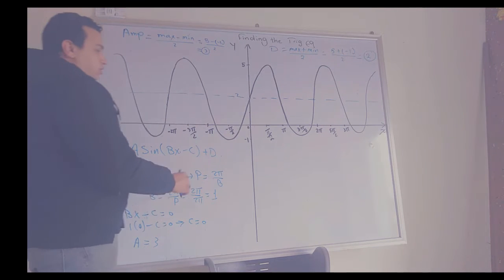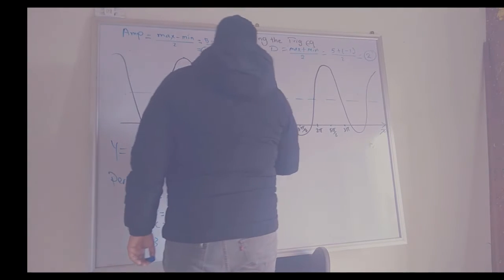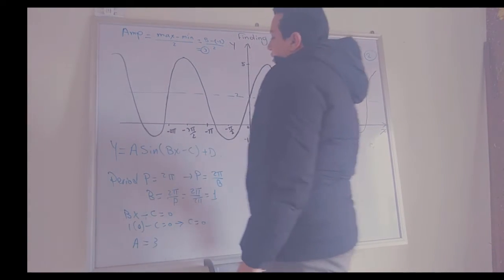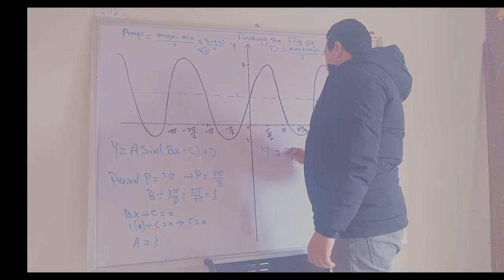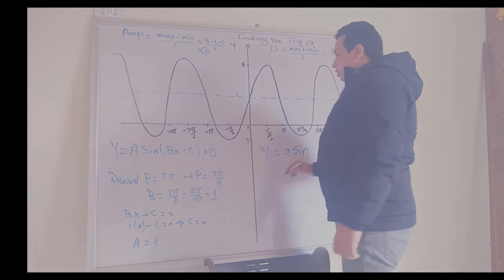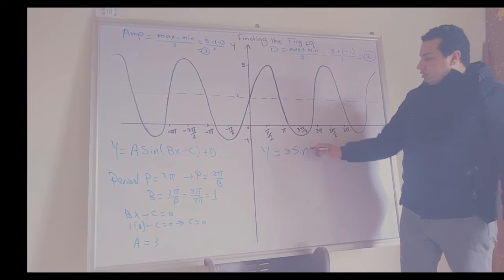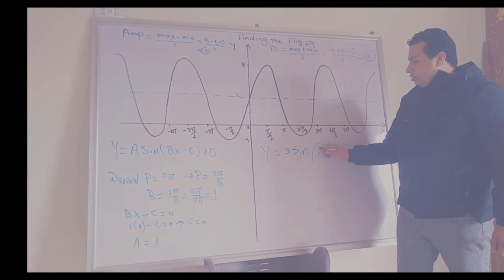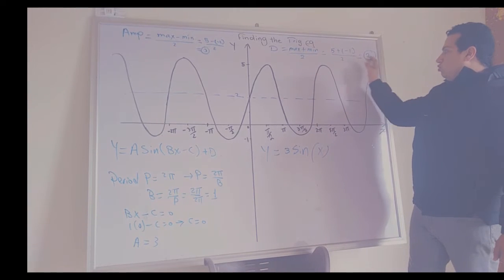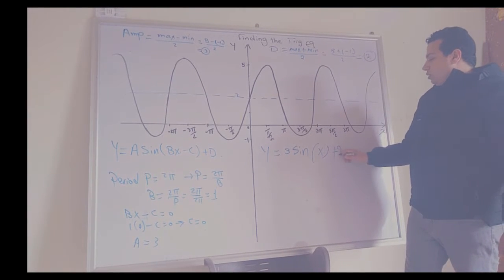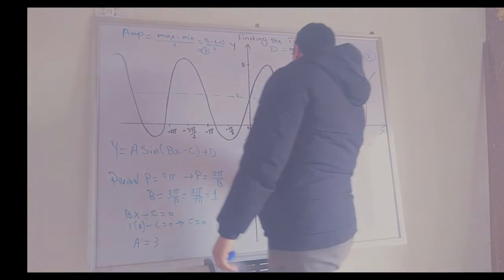Then we can directly write down the equation, which is y equals 3 sine (b, which is equal to 1, times x minus c, which is equal to 0) plus d, which is equal to 2. And this is the equation.